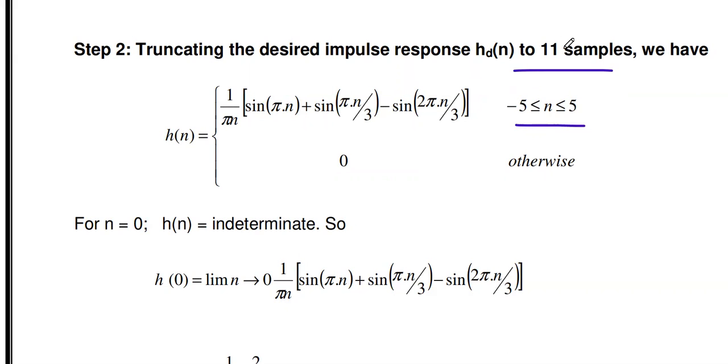Here capital N is 11, so minus (N minus 1) by 2 is minus 5 and (N minus 1) by 2 is plus 5. Between minus 5 and plus 5, h of n is equal to hd of n, and 0 otherwise. So we truncated the infinite impulse response sequence into a finite sequence using this step.